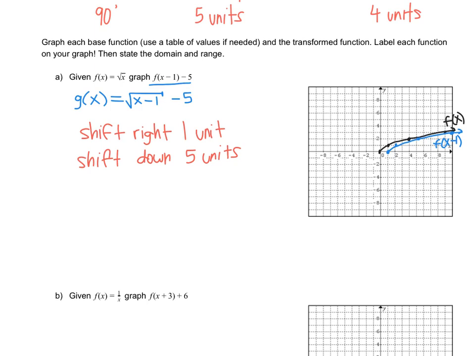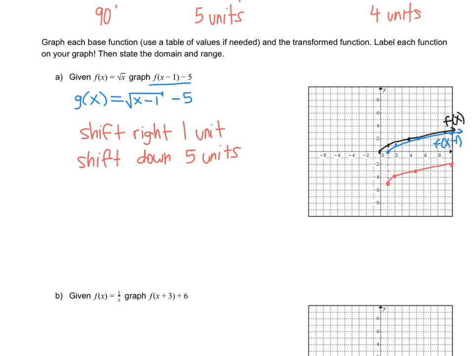Now I'm going to take this blue square root, and I'm going to move all of those key points that I plotted down 5. So I'm going to take the point that's at 1, 0, and I'm going to move it down 5. So I end up at 1, negative 5. Then I'll do the same to the rest, so that I have a point at 2, negative 4, 5, negative 3, and 10, negative 2.